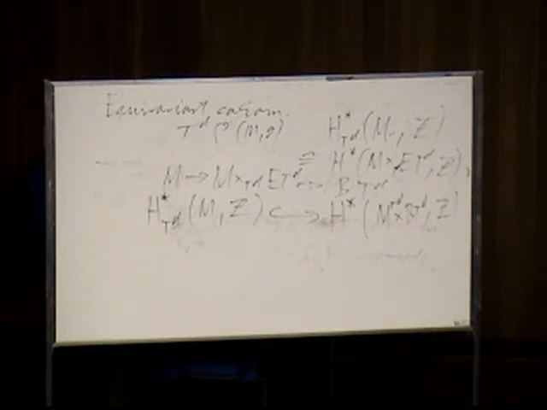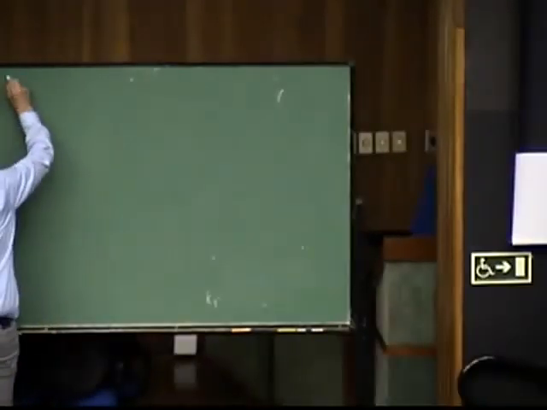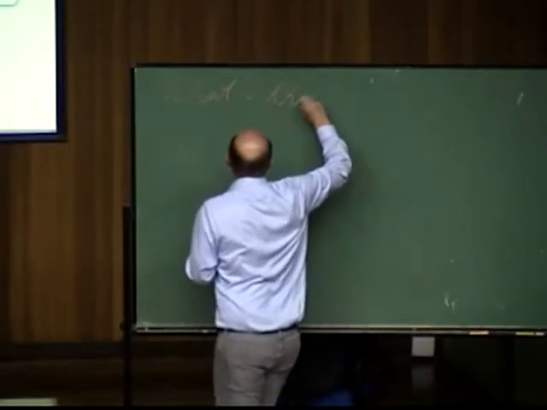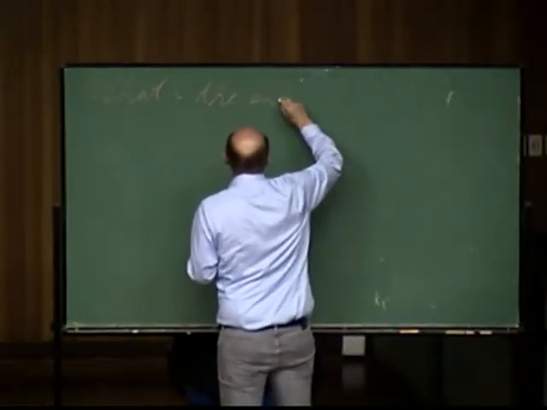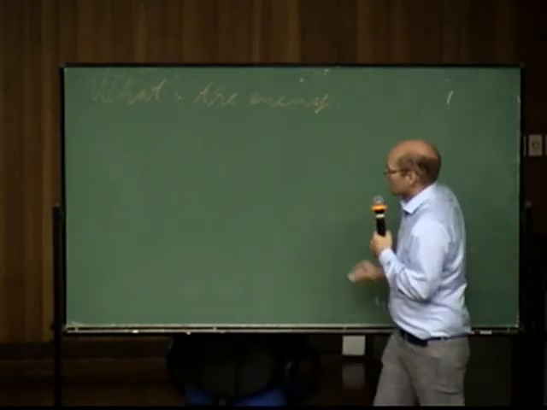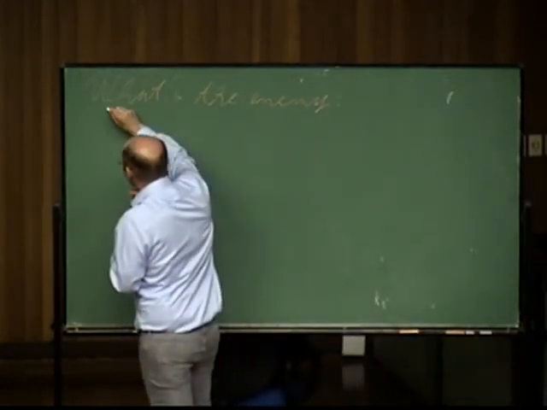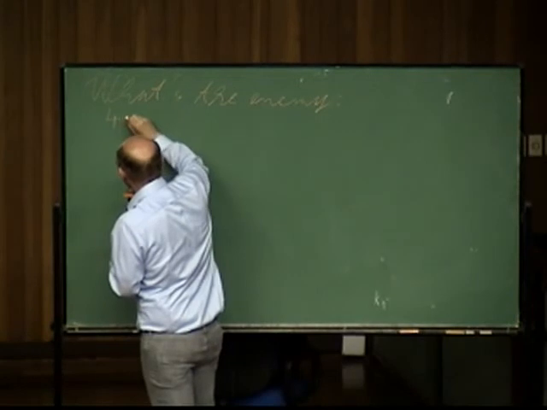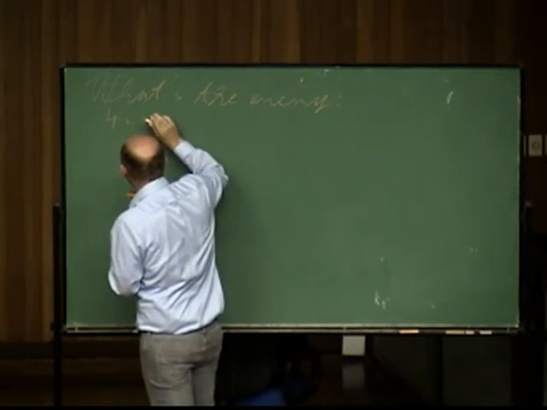So let me talk about what's the enemy. Right, so the biggest enemy which doesn't fit at all into the picture is in dimension 4n plus 4k plus 2.